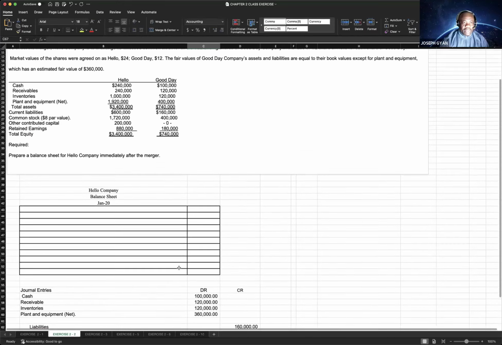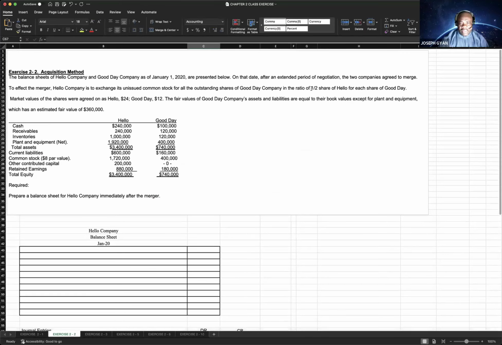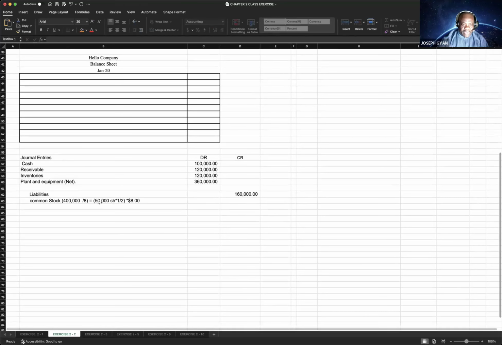It's because of this one here. It said half. You see, it said Hello Company is exchanging its unissued common stock for all the outstanding shares of Good Day Company in the ratio they have. So that's why we took the 50,000 shares and then divided by the half. Oh, I multiply, sorry. Multiplied by the half.